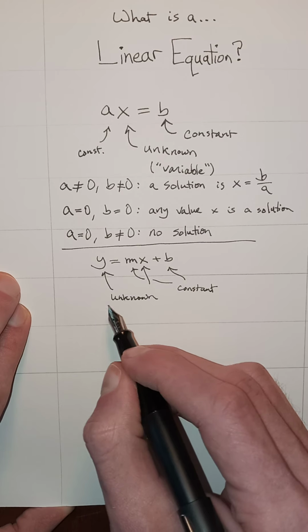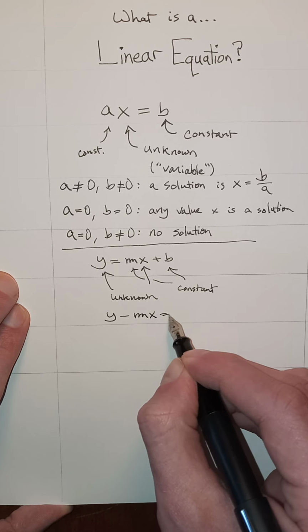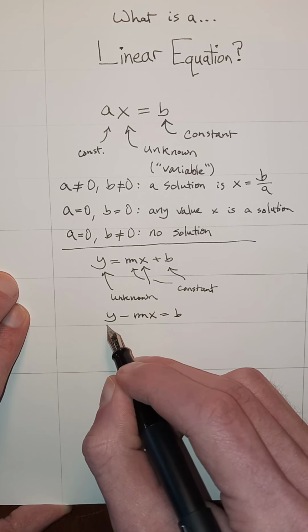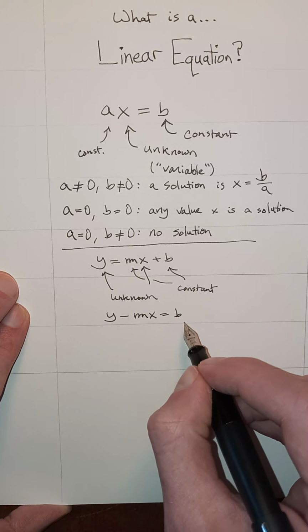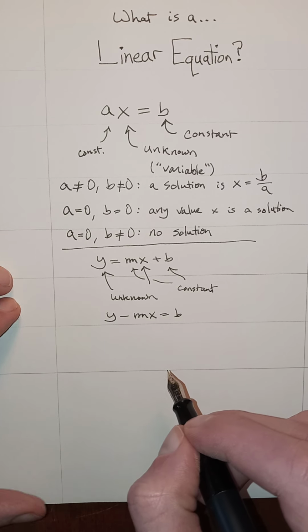We would rewrite this simply as y minus mx is equal to b, so that all the unknowns are on one side and it's equal to a constant on the other side. This will simplify things considerably in the next couple lectures.